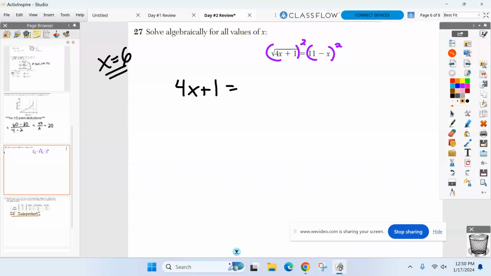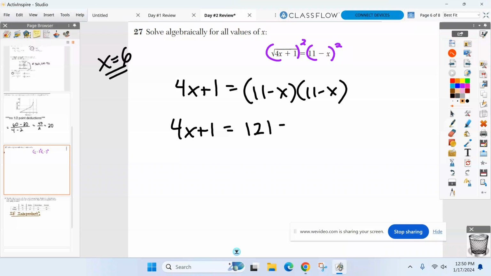All right, let's have a little fun now. I have a lot of confidence in you guys. You know what to do here. It's better than doing 11 squared and x squared and stopping. All right, so you got what, 121 minus 11x minus another 11x, and then plus an x squared.